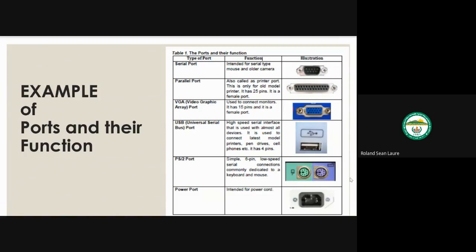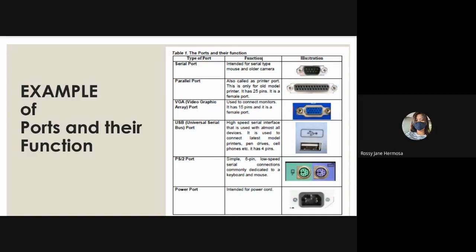Okay. Next is the PS2 port. The PS2 port is a simple 6-pin low-speed serial connection commonly dedicated to a keyboard and mouse. So which is for the keyboard and which is for the mouse?